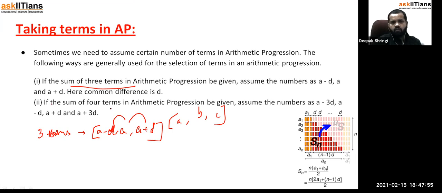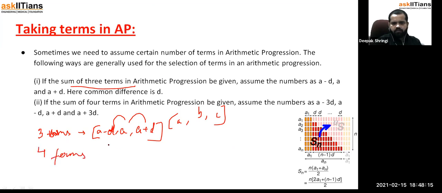If the sum of four terms in an AP is given, sum of three terms we have already done, to ease our calculation. For the sum of four terms, you need to find the four terms.